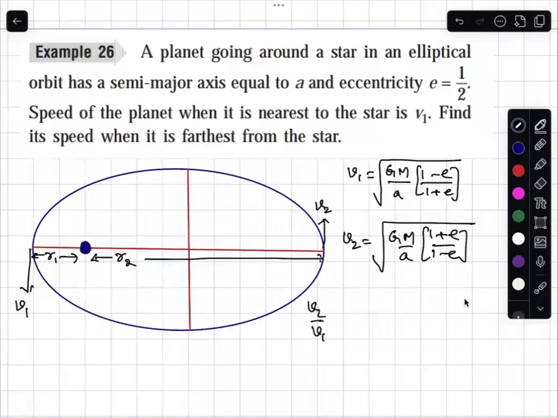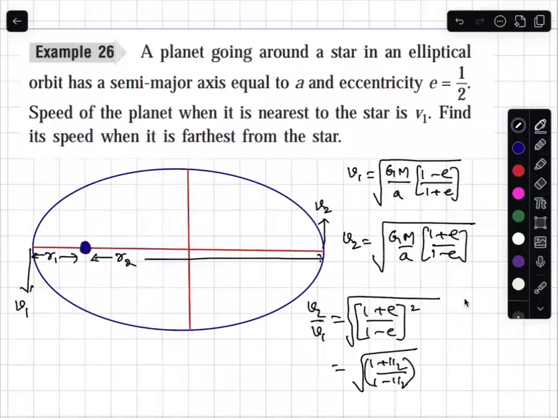V2 by V1 is given as 1 plus E by 1 minus E. Just substitute the value. You have E is equal to 1 by 2. So when you substitute, you will have 1 plus 1 by 2 by 1 minus 1 by 2, so 3 is to 1. Done. A very simple question.